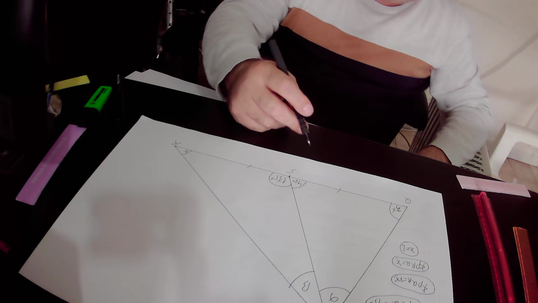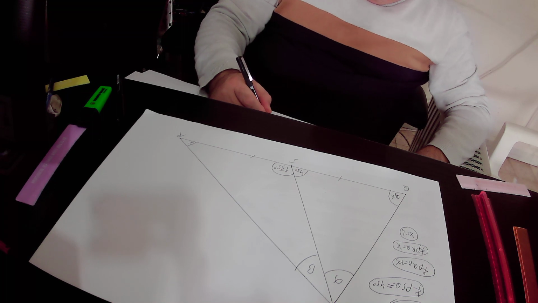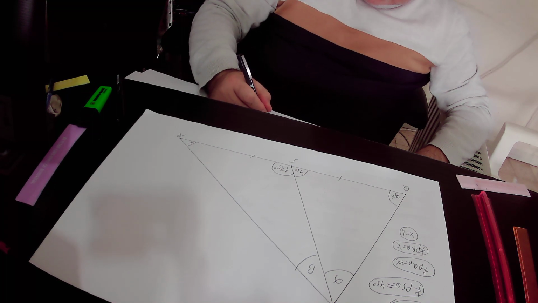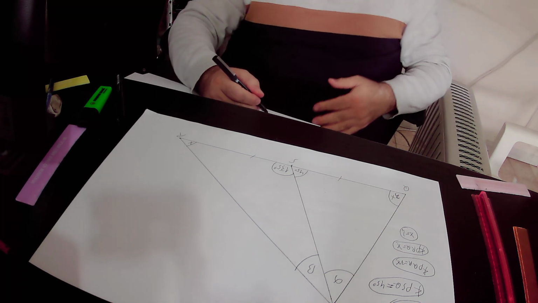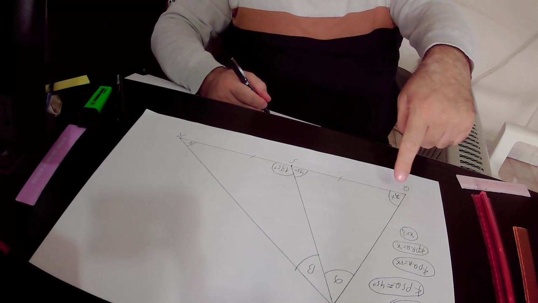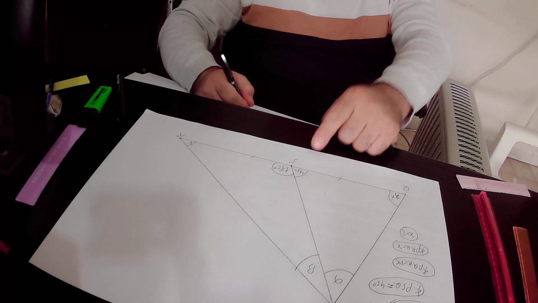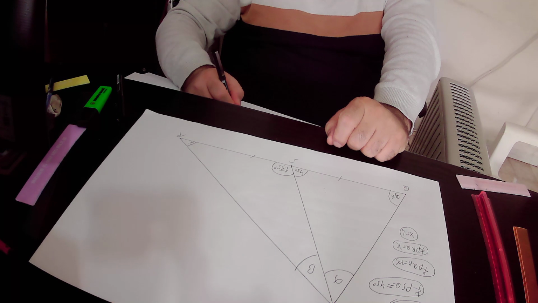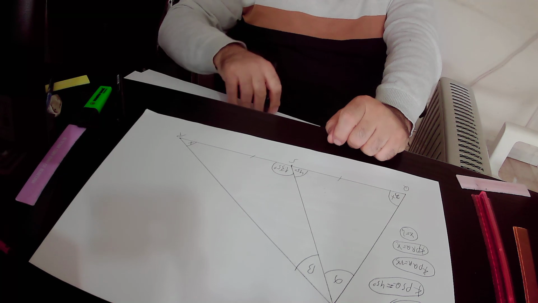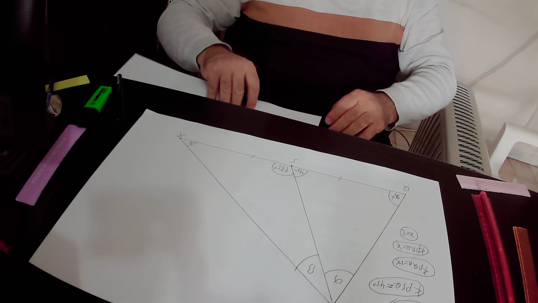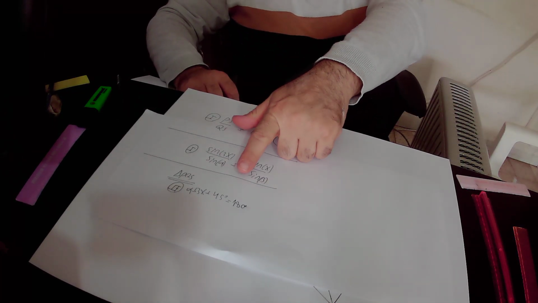So alpha plus 3x plus 45 degrees is equal to 180 degrees.